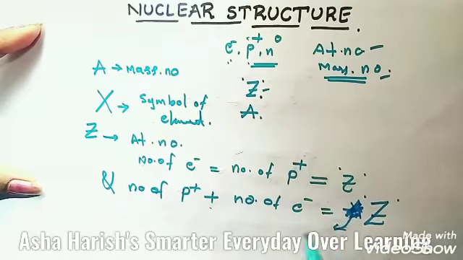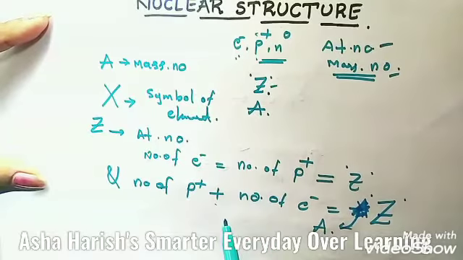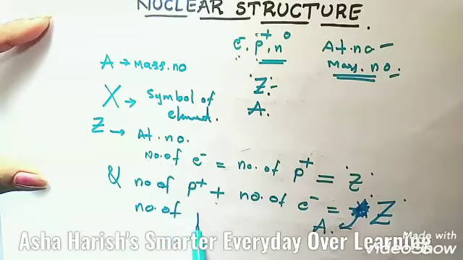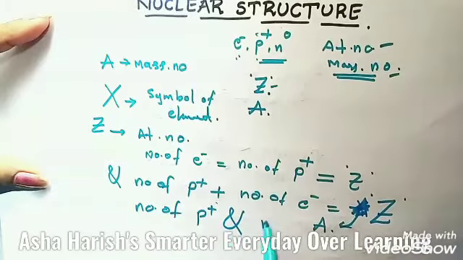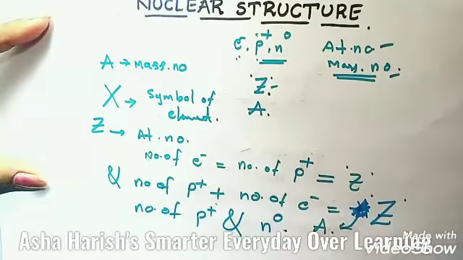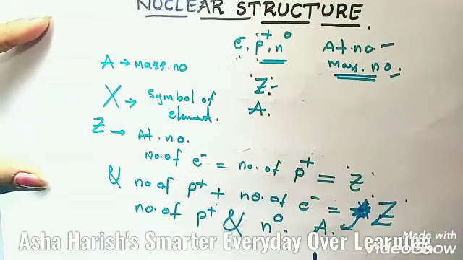And what is meant by this A? A represents the total number of protons and the total number of neutrons, students. Protons and the neutrons.